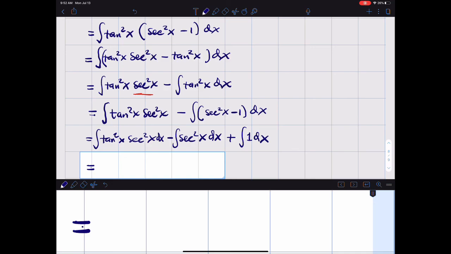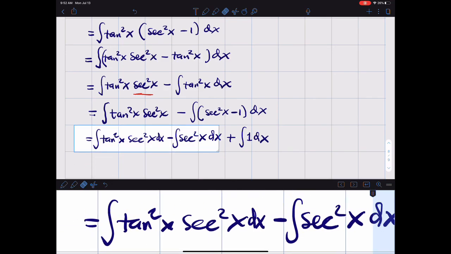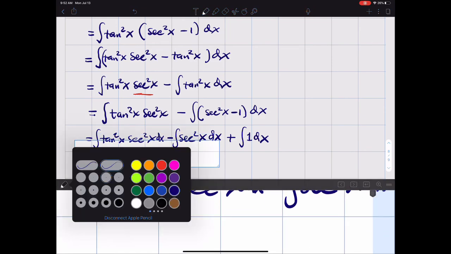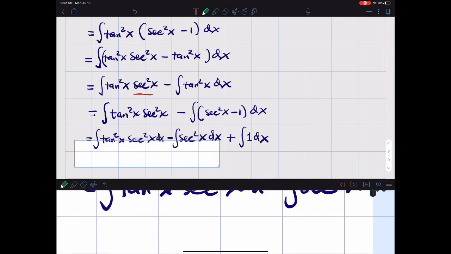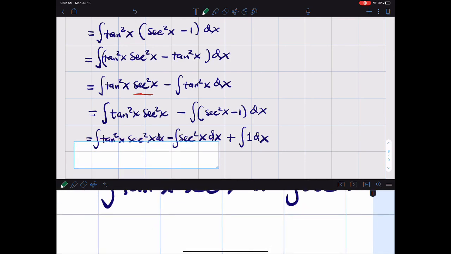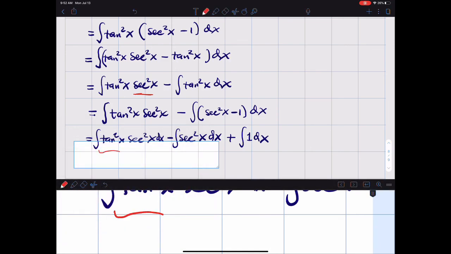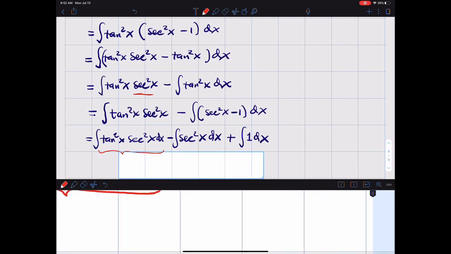The first integral is the only one we need to worry too much about. So I'm going to do a u substitution that is just for the first integral.